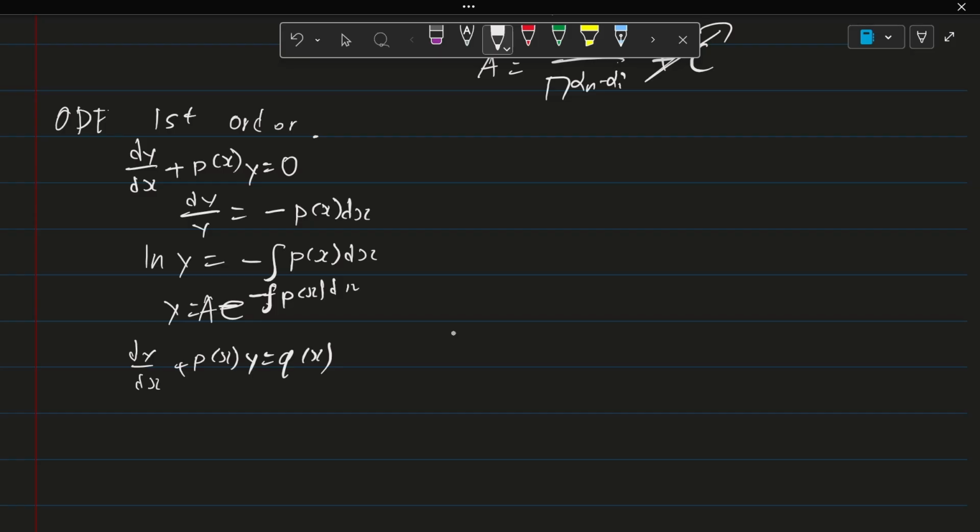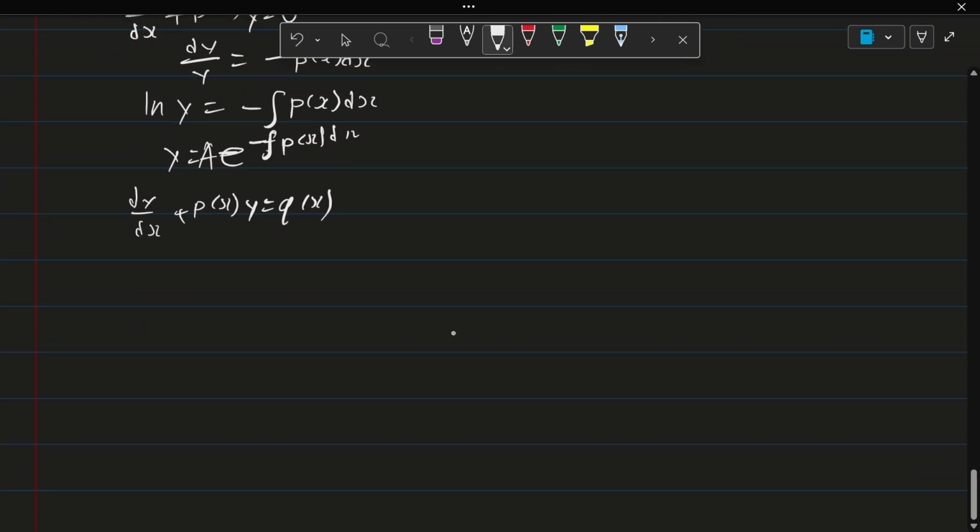If you do the same integral, what you would get is this. You would get dA over dx times y1, which is the guess. So we'll just have y2 equals A as a function times y1.